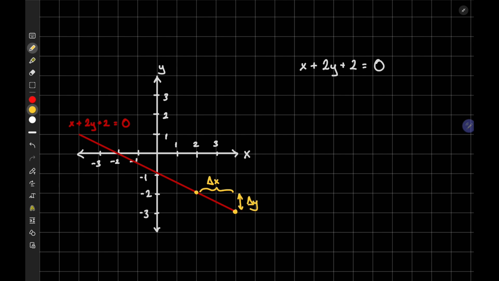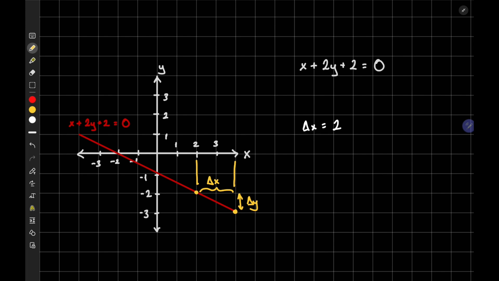We see that the x value increases from 2 to 4, so our delta x is 2.